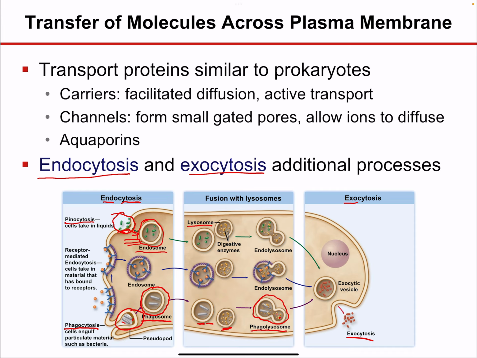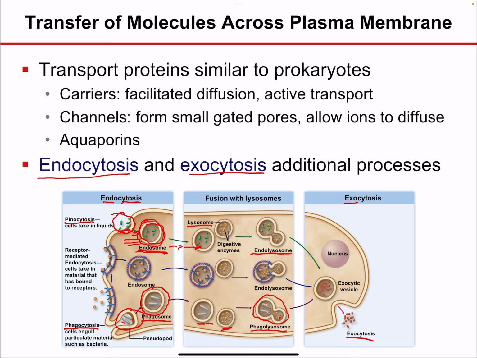It can be proteins, it can be carbohydrates, which the cell can bring inside by way of endocytosis and end up in a vesicle called an endosome. That endosome is going to travel and merge with a lysosome that contains digestive enzymes, forming an endolysosome.